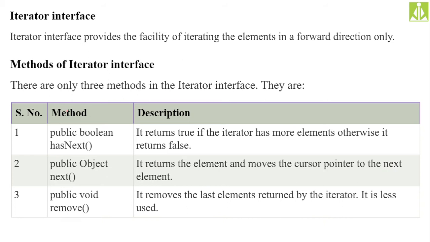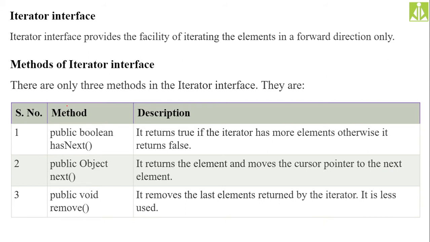The methods of the Iterator interface are hasNext, next, and remove. Three methods we have. hasNext will check whether the collection has more elements or not. When you are moving in the forward direction, it will check the next element.